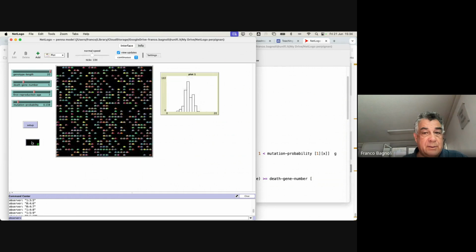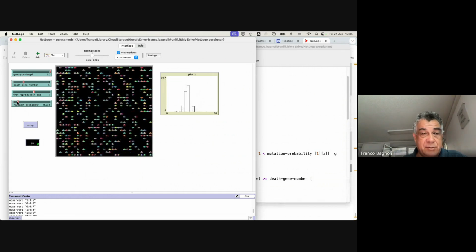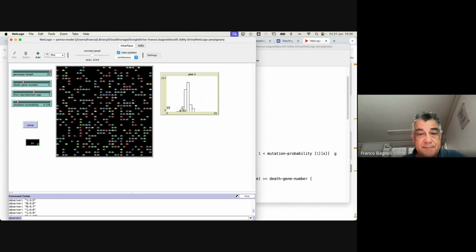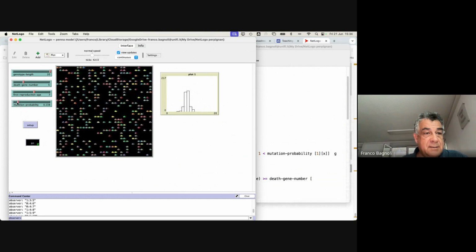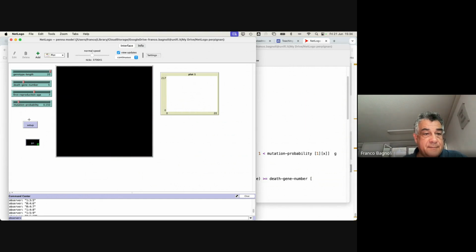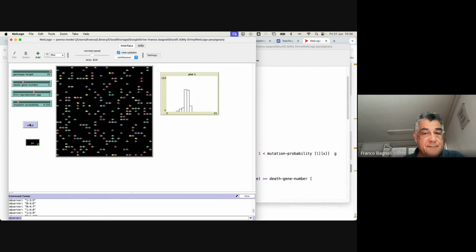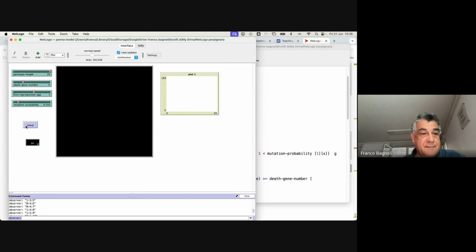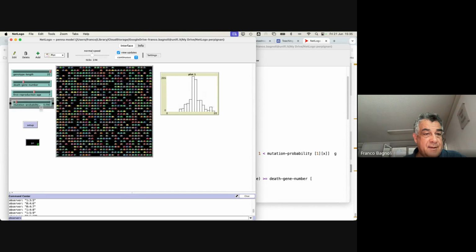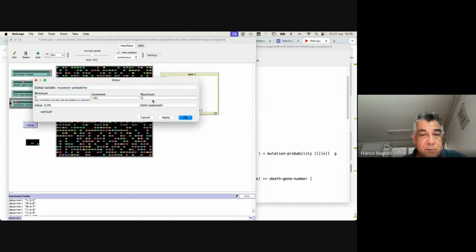So we can see what happens if we increase the mutation rate, for instance. Yes, probably. Okay, it's because there is 2. Oh, okay. You can reduce the maximum.